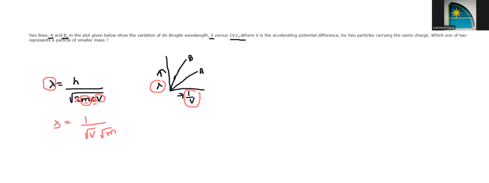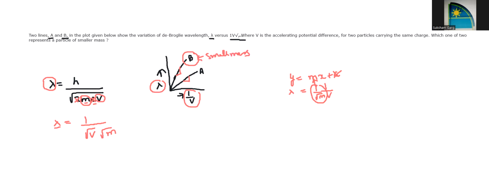That means whichever line has more slope will have lesser mass, because the formula of a line is y is equal to mx plus c. C is not there. In this case, the value on the y-axis is lambda, the value on the x-axis is 1 by V. So the slope is giving you the value of 1 by root of m. That is the slope. Hence, using this formula, B has the smaller mass.